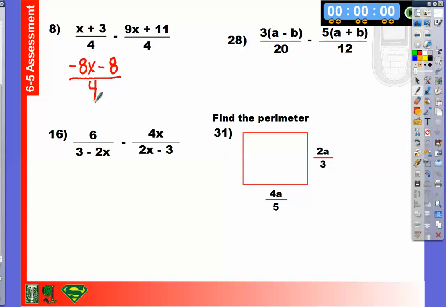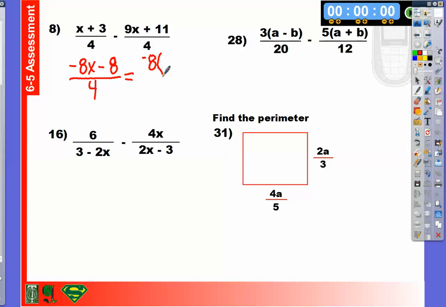Is there something that goes into both of these terms? 4 and 8. And actually, a negative 8 goes into both of them too, right? So I'm going to factor out a negative 8. So we have negative 8 on the outside of my factored expression.